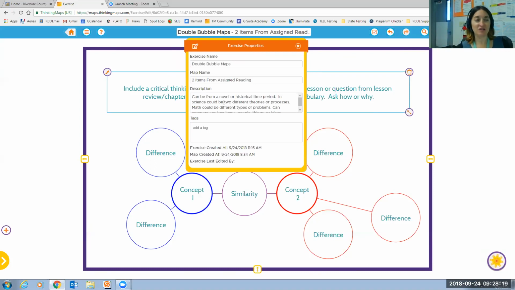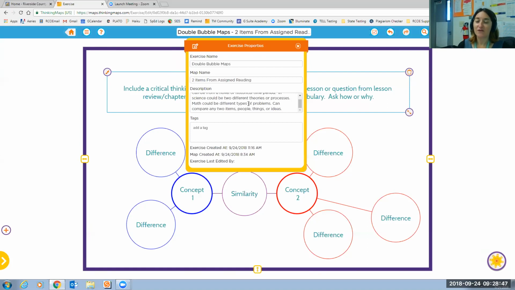Maybe you want to compare and contrast the Middle Ages with the modern era, or perhaps you want to find 2 different movements from history and you could compare and contrast those movements. You can choose any 2 items from what you're studying this week in class. If you're doing math, maybe you want to compare and contrast 2 different types of problems, different types of functions or equations. Any 2 items can be compared.